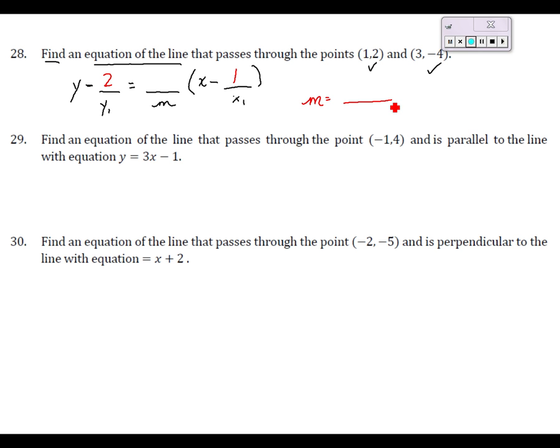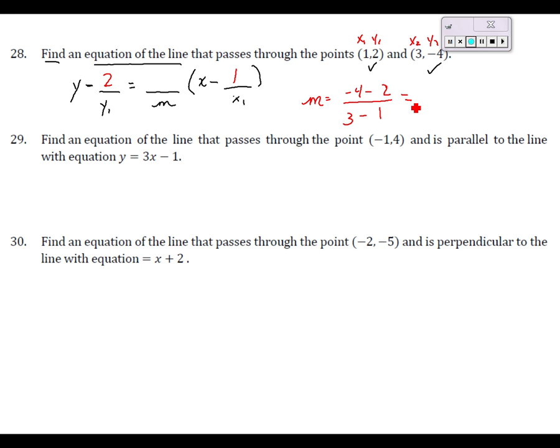So if I think of this as x1, y1, x2, y2, then I have negative 4 change 2. I have 3 change 1. A common error for that numerator is to say that that is negative 2.